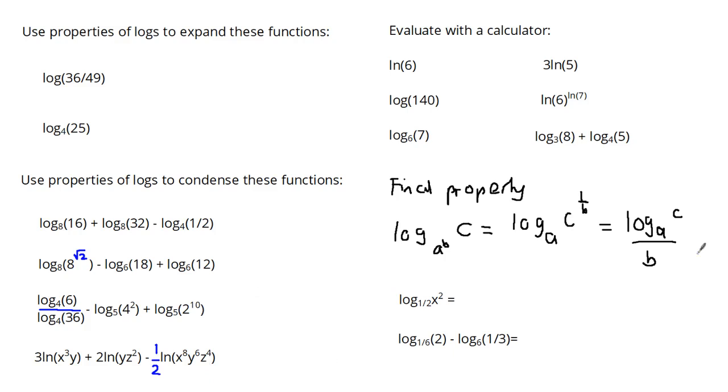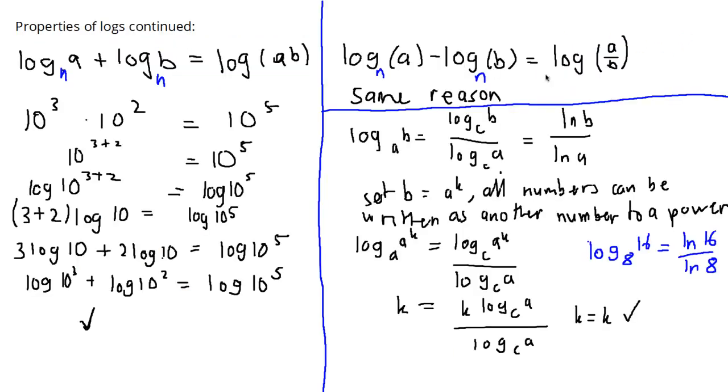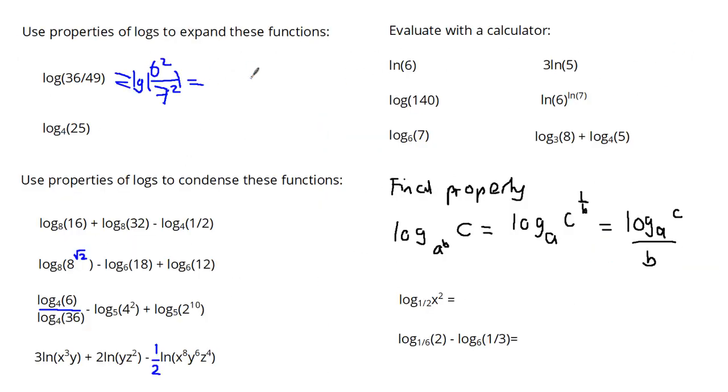Use properties of log to expand these functions. Log of 36 over 49 is equal to, well, you can actually just notice 36 is 6 squared over 7 squared, and then this is log. Whenever you're dividing inside of a function using this rule right here, log a minus log b, you can subtract them.